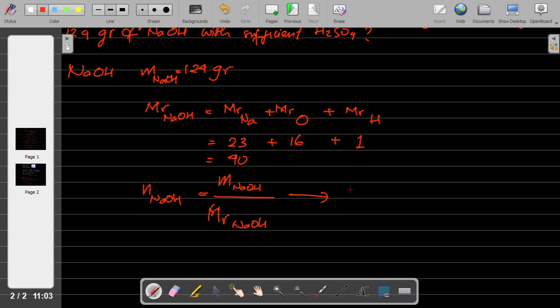The mass is 124, divided by the molar mass, 40.